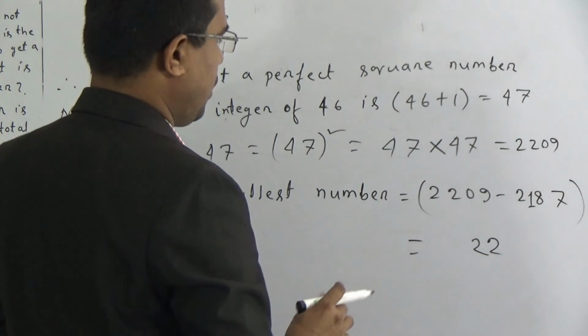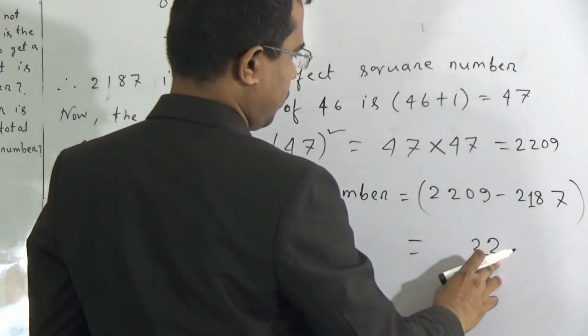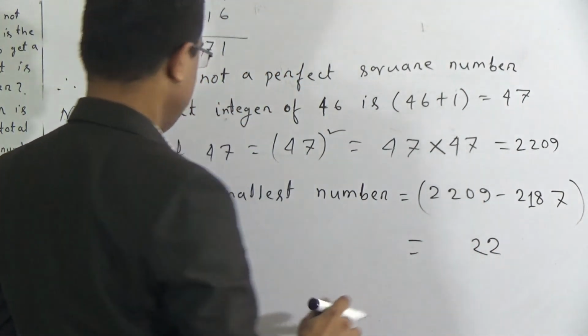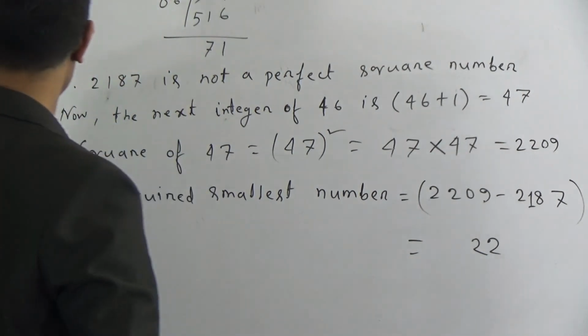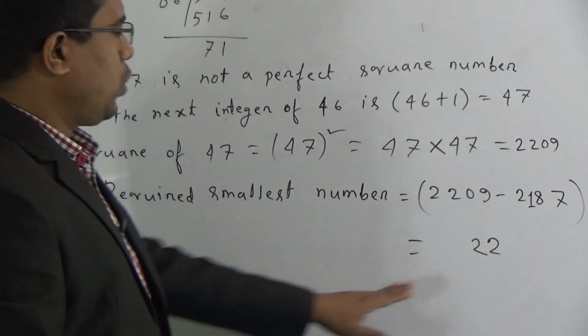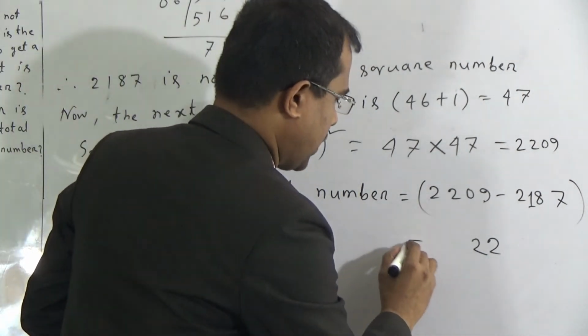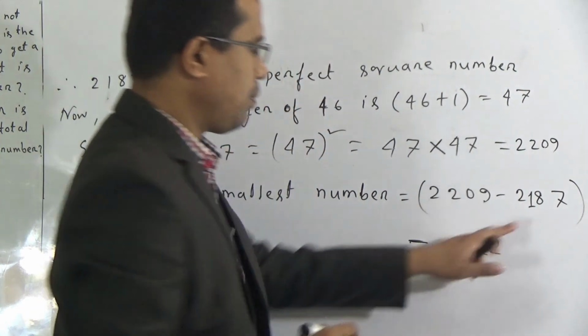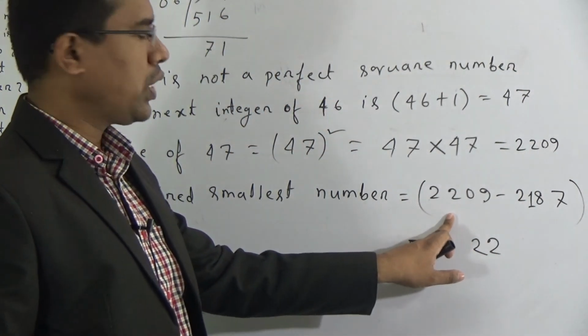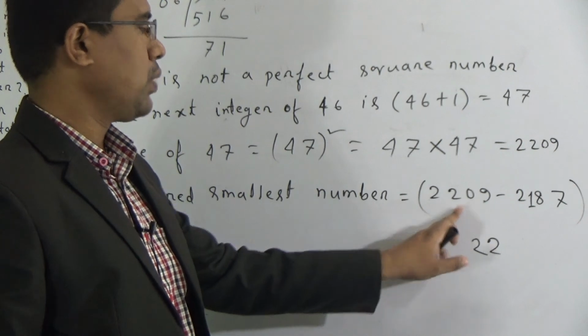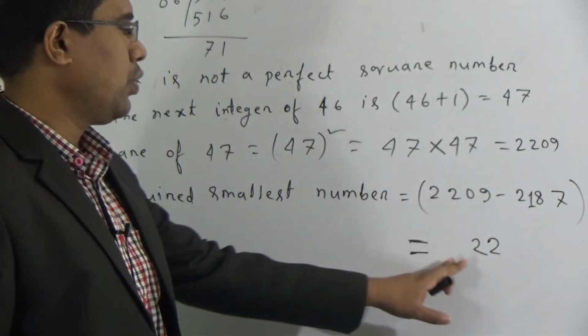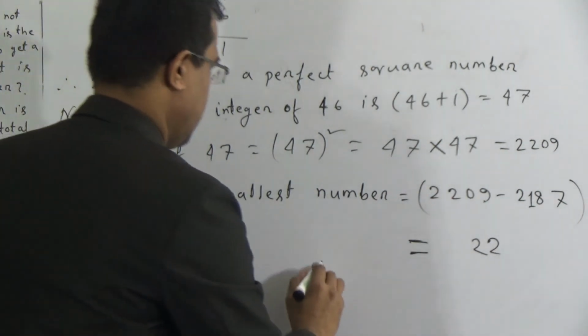So if we add 22 with 2187, then the number will be 2209, which is a perfect square number. So the required smallest number will be 22, and the answer is 22.